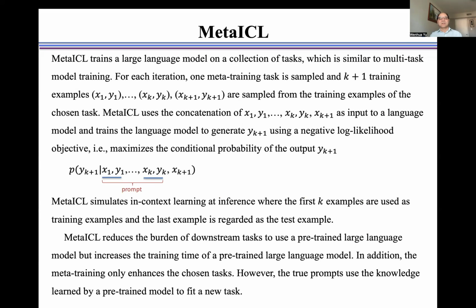MetaICL uses the concatenation of x1, y1 to yk, x_{k+1} as input to a language model, and trains the language model to generate y_{k+1} using a negative log likelihood objective, namely maximizes the conditional probability of output y_{k+1}, as shown here.